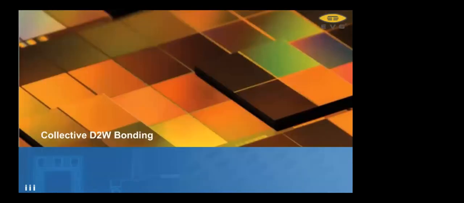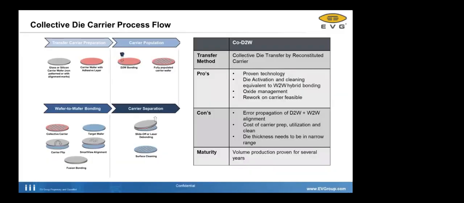For collective die-to-wafer bonding, just as a short dive into the whole process, collective die-to-wafer bonding uses the help of a reconstituted carrier. So this reconstituted wafer or wafer carrier is basically silicon or glass that we are coating with an adhesive layer. On top of this adhesive layer, we are distributing the dies face up.